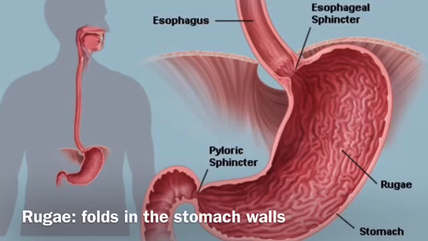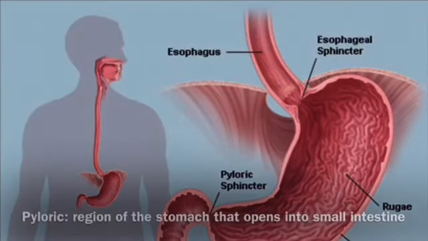Now, from the stomach, the food moves to the next part of the alimentary canal, called the small intestine. Here you have to note a point. From the food pipe, the entire food which you have swallowed does not come all together to the stomach.